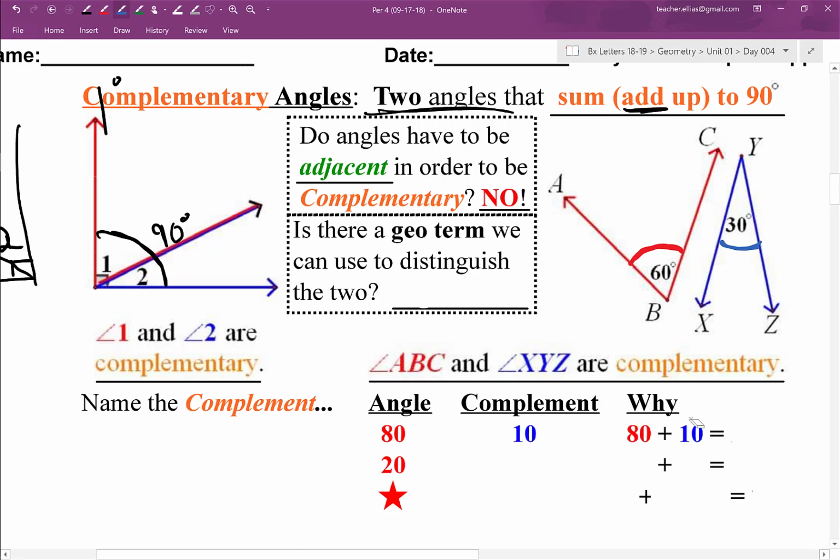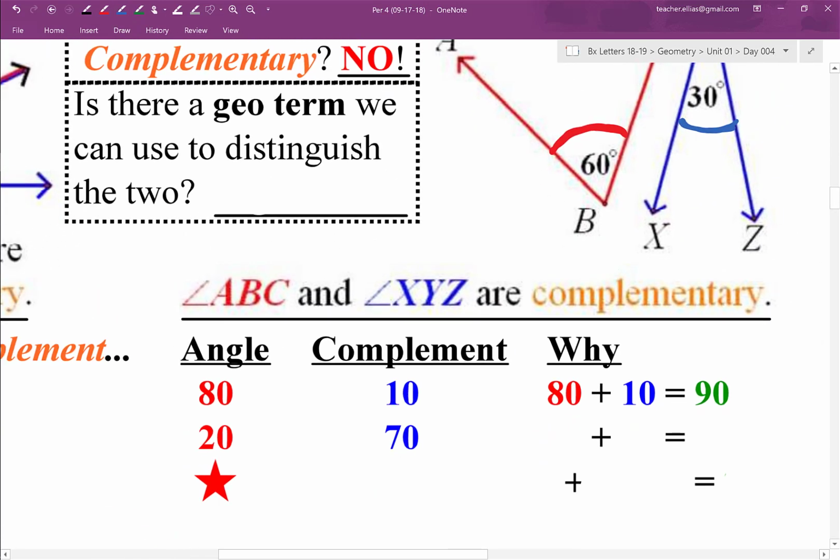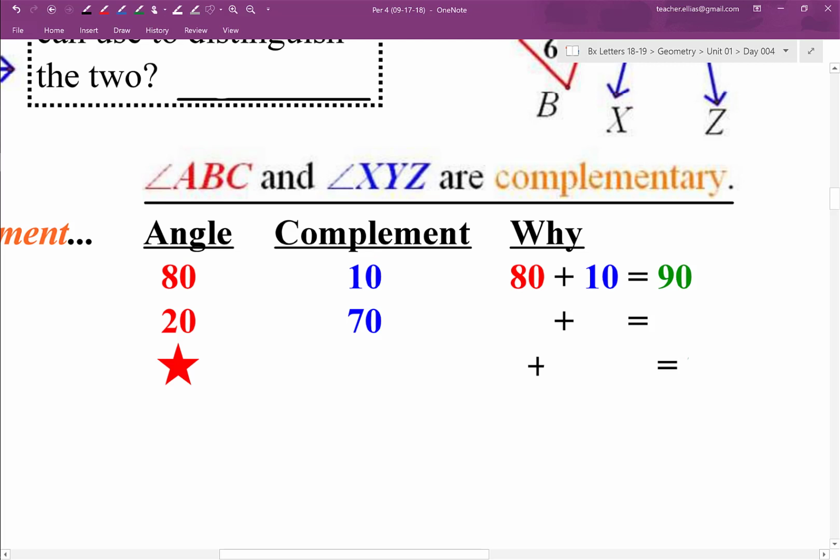Because 80 plus 10 is the definition of complementary. That's why complementary is just 2 angles. So the complement of 20 must be 70. Why? Perfect. You add up the 2 parts.